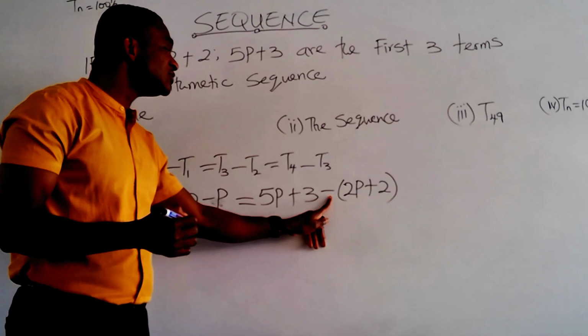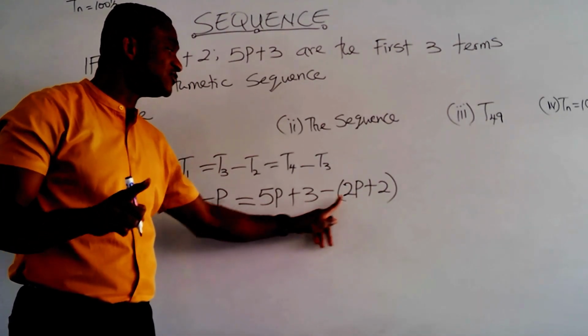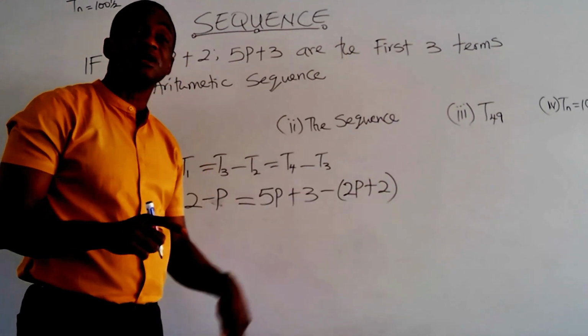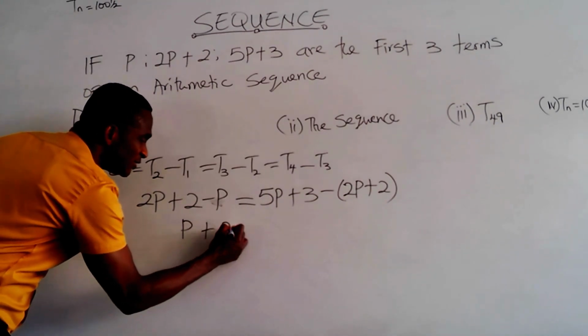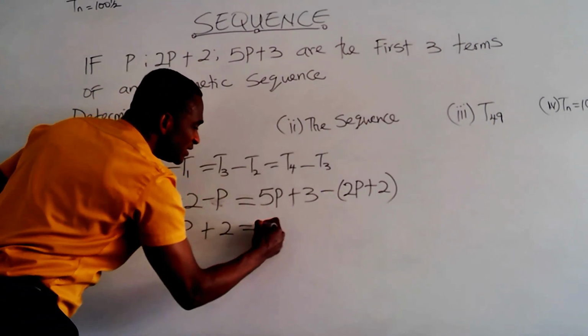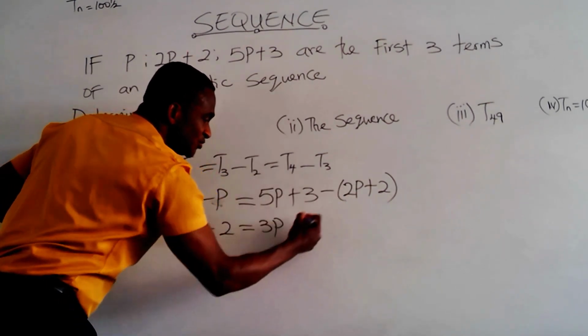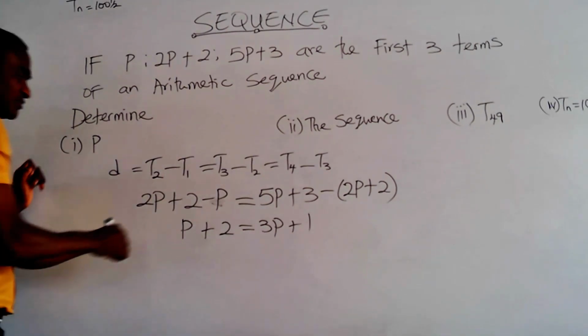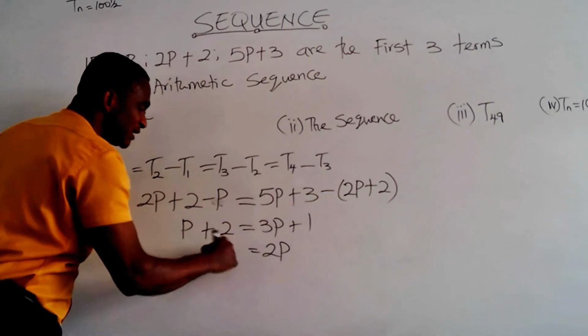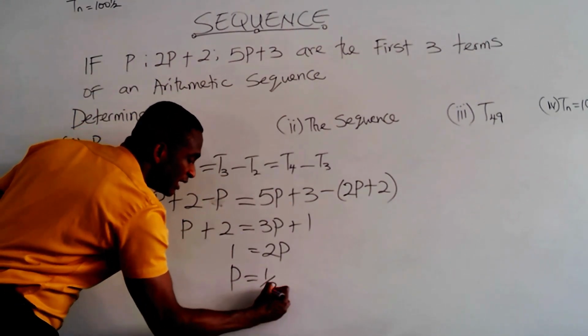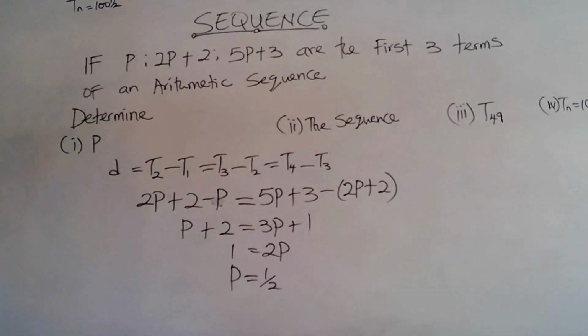If you don't use the bracket, you may end up applying the negative 2 to only 2p, whereas it belongs to everything. Now let's simplify this. 2p minus p is p, so this gives us p plus 2 equals 5p minus 2p, which is 3p, plus 3 minus 2, which is 1. Now we can collect like terms. If I take this over here, 3p minus p is 2p, and 2 minus 1 is 1, so our p is a half. This gives us the value of p.